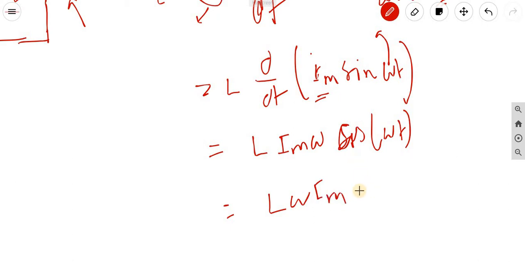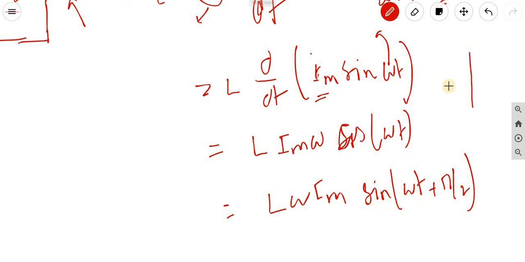How can we present this L omega Im? This would be sin omega t plus 90 degrees, we can present it in this way, because cos omega t is sin omega t shifted by 90 degrees.